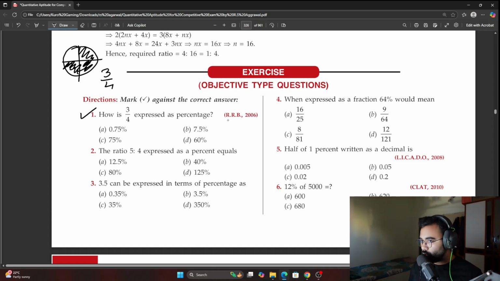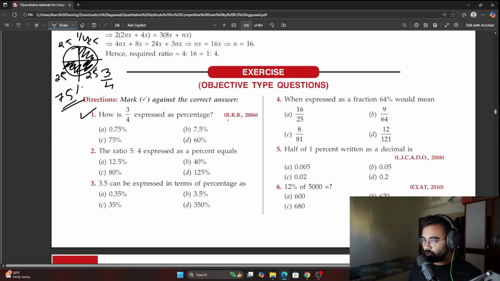Now how do I express this in percentage? I'm sure in coordinate geometry you must have learned that these are quadrants. So each quadrant is 25% of the whole. That is why we call it quarter, quadrant, 1/4, 1/4, 1/4. So 3/4 is basically 75%.